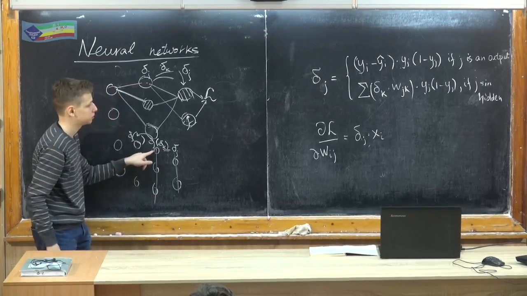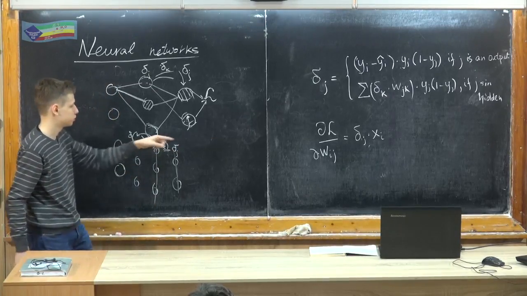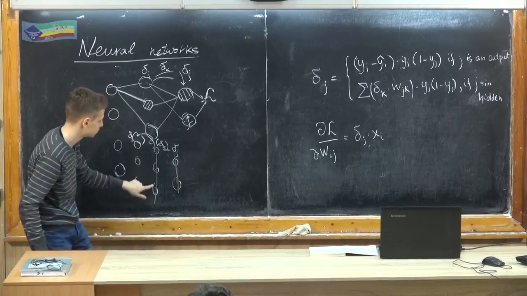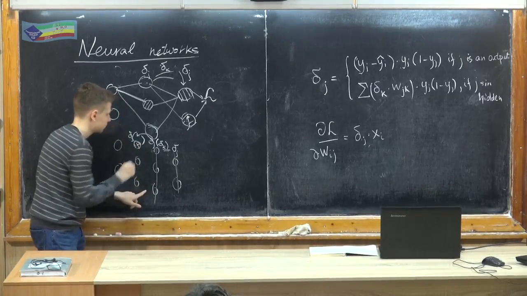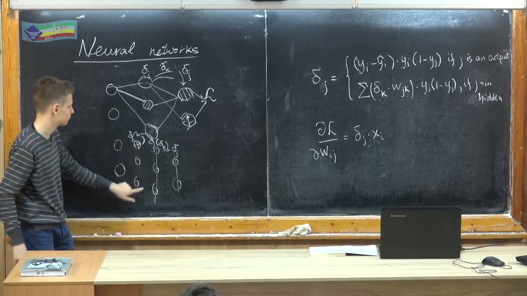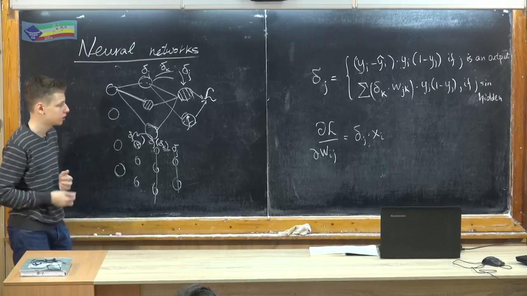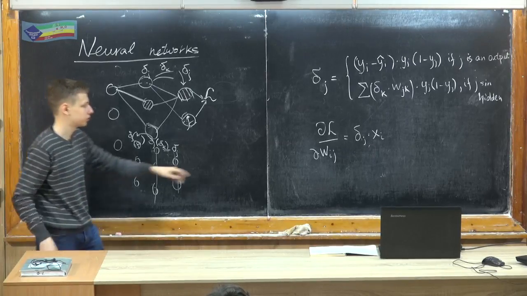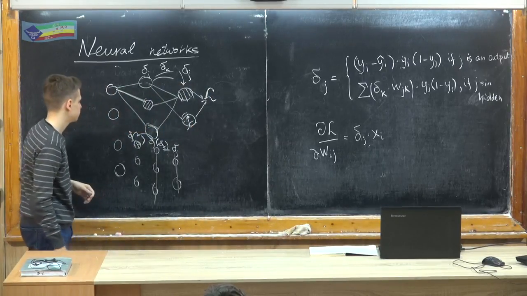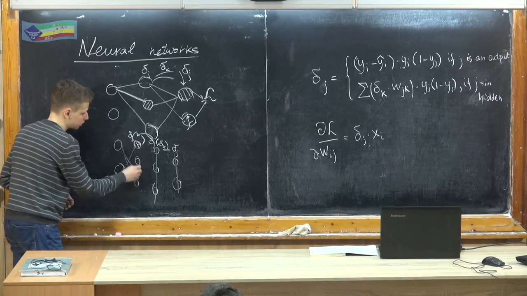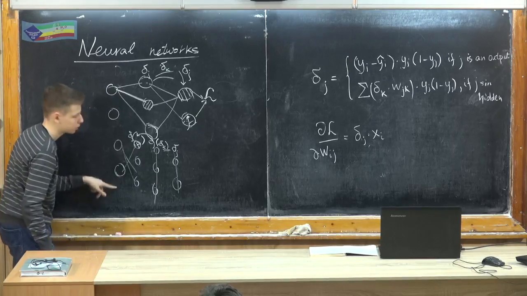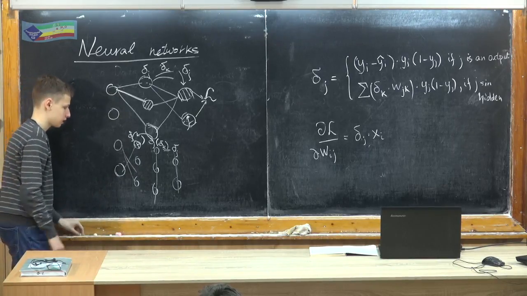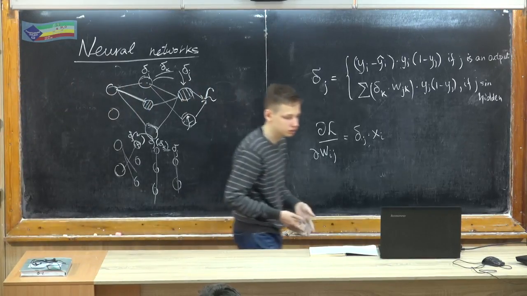And then we calculate partial derivatives by multiplying this delta j on these values. This is x, y. And this can be done for each table of weights. And finally, we get to this table where we multiplied this delta j on our initial inputs. And that's how backpropagation works.